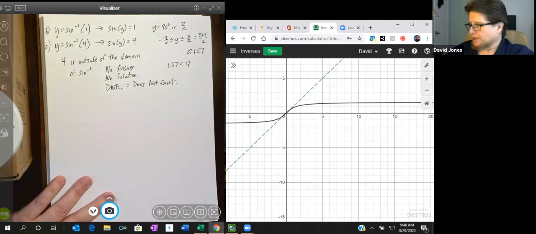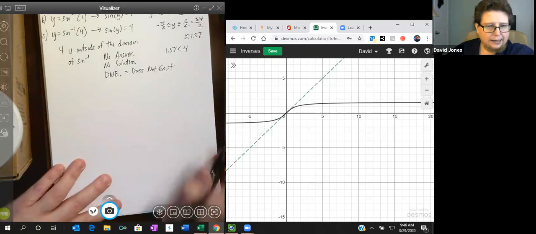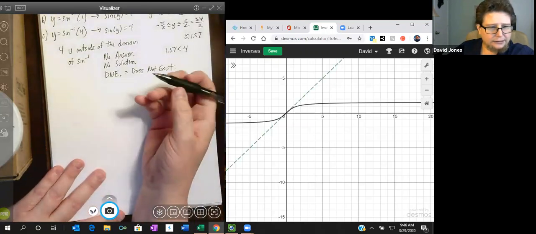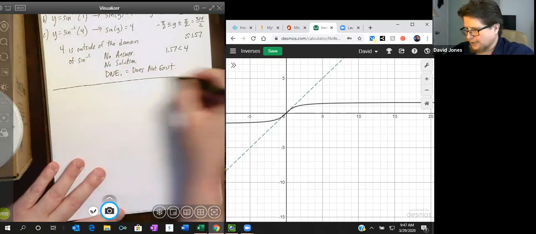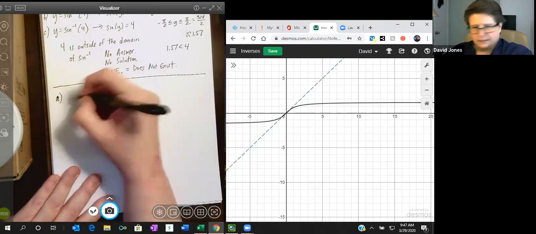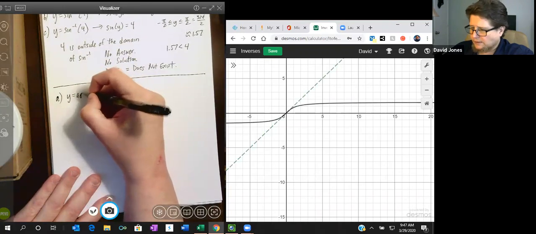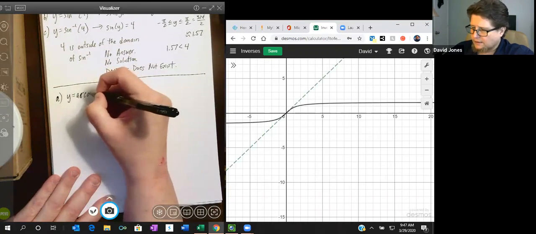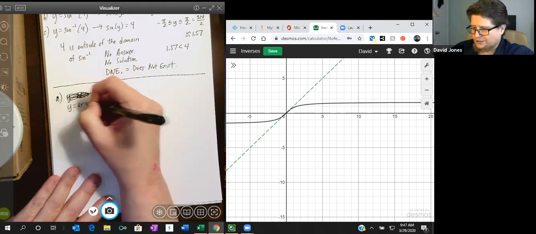All right, that's sine. Let's do three of them for cosine. And I want you to work them out real quick. y equals arc cosine. Arc cosine has two C's.